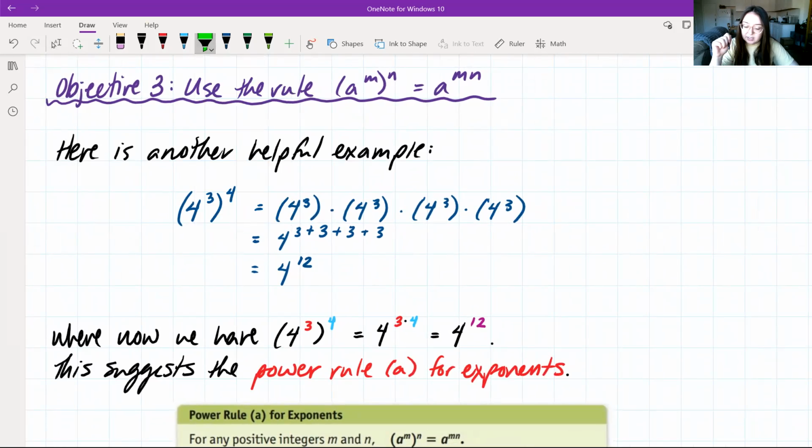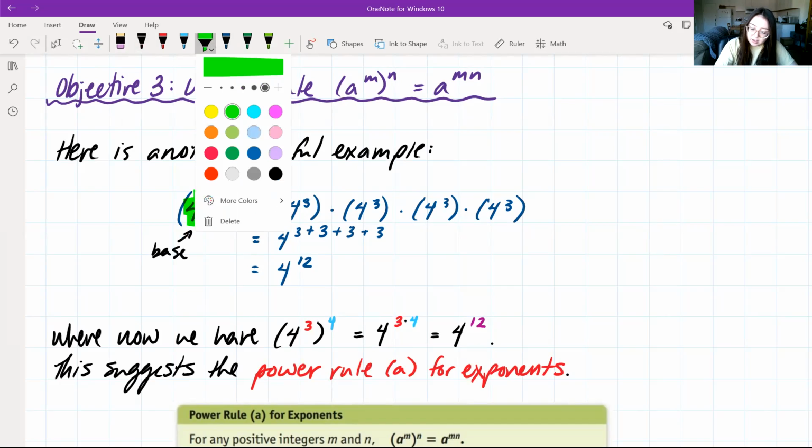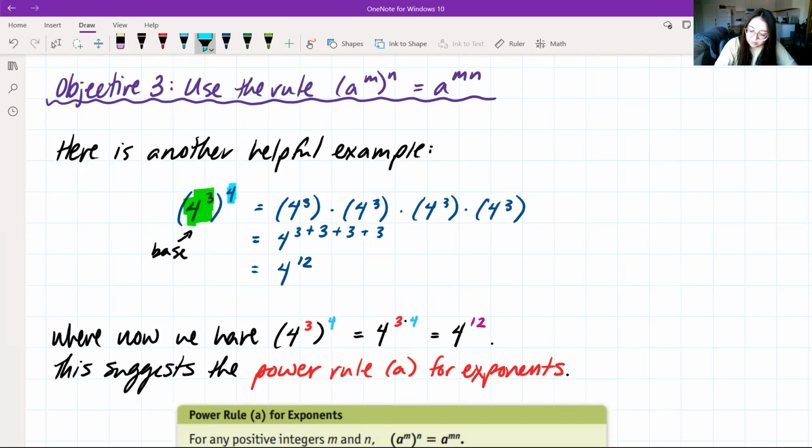So in this case, of 4 to the power of 3 to the power of 4, our base is going to be treated as 4 to the power of 3. This is our base. And even though our base has an exponent, we're treating the whole thing like the base. And our exponent now is 4.